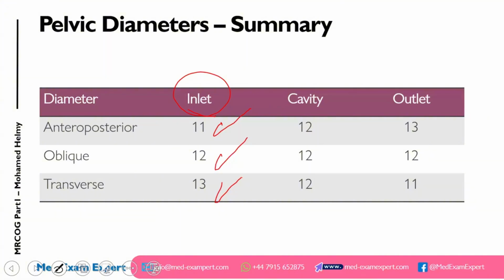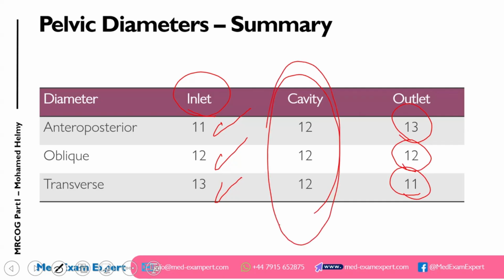If we talk about the outlet, it's the reverse. We started by the anteroposterior 13, oblique 12, transverse 11. So 11, 12, 13, 13, 12, 11. And the cavity, all are 12.